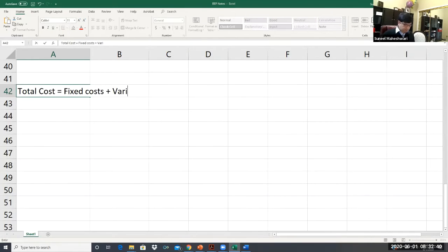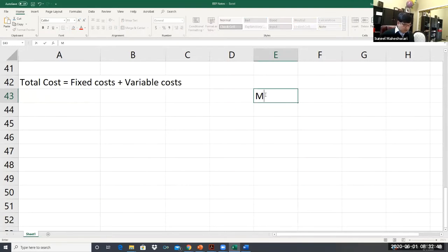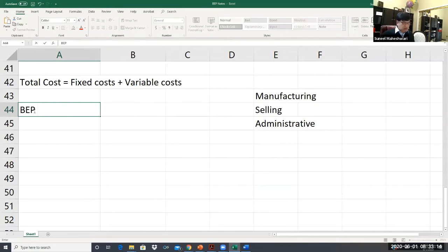And each of these costs could be manufacturing, selling, or administrative. Now, whenever your total costs are met, that is the point of break even. So your break even point is when there is a zero profit.